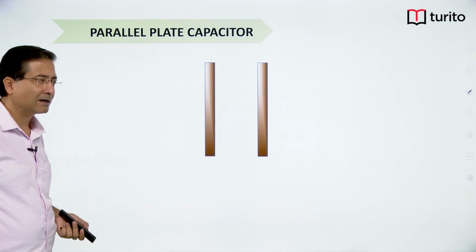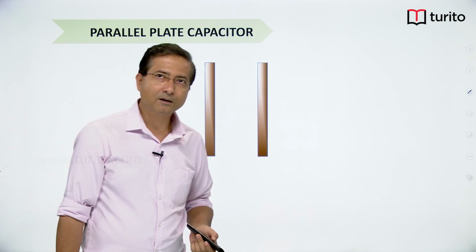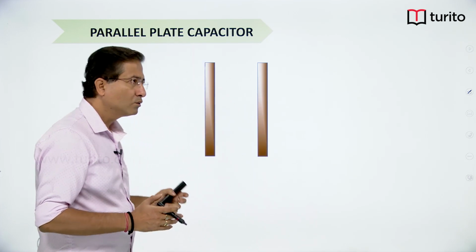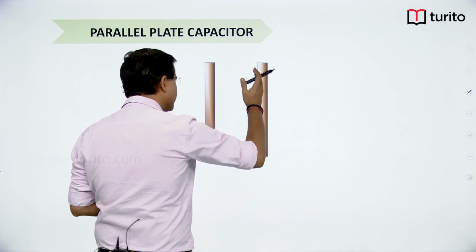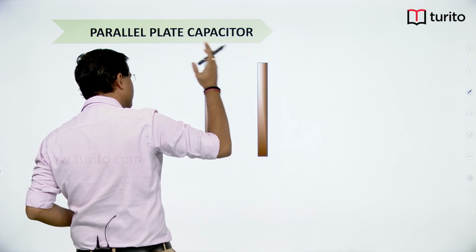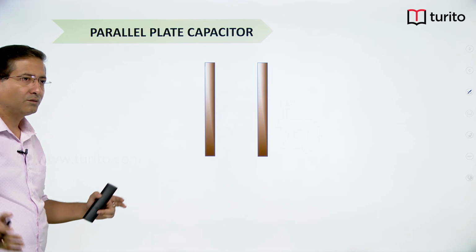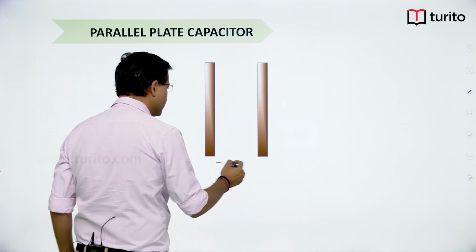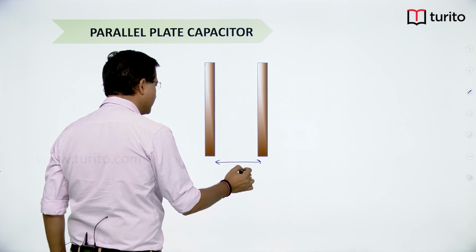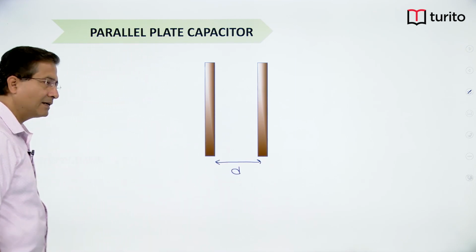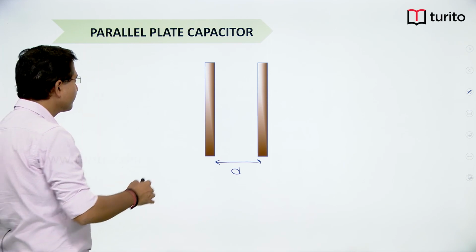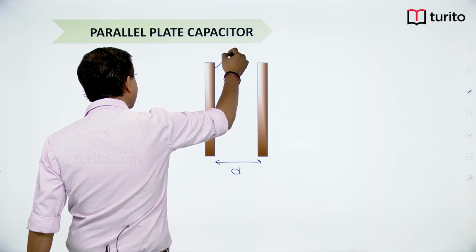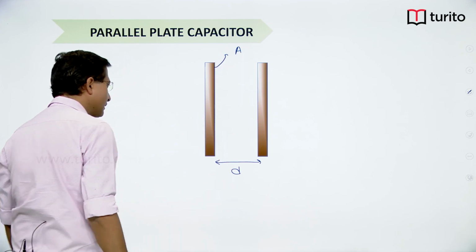So, let us start with the parallel plate capacitor. What is a parallel plate capacitor? Two plates we are placing at some finite distance. Say this distance is d and the face area of the plate is A, right.